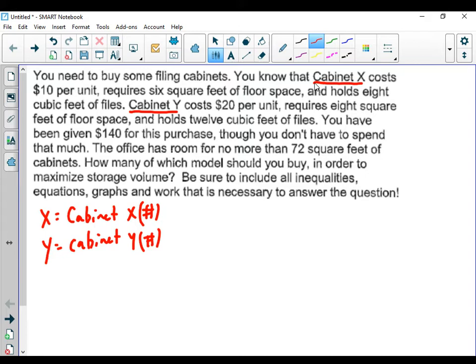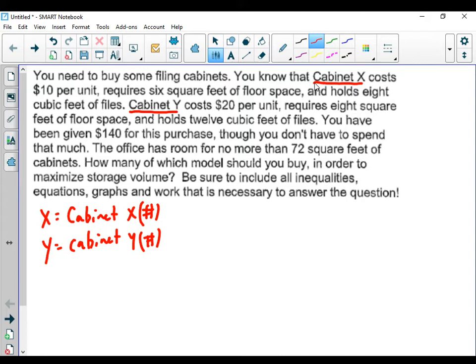Cabinet X costs $10 per unit. It requires 6 square feet of floor space, and it holds 8 cubic feet of files. Cabinet Y, on the other hand, costs $20 per unit. It requires 8 square feet of floor space, and it's going to hold 12 cubic feet of files.